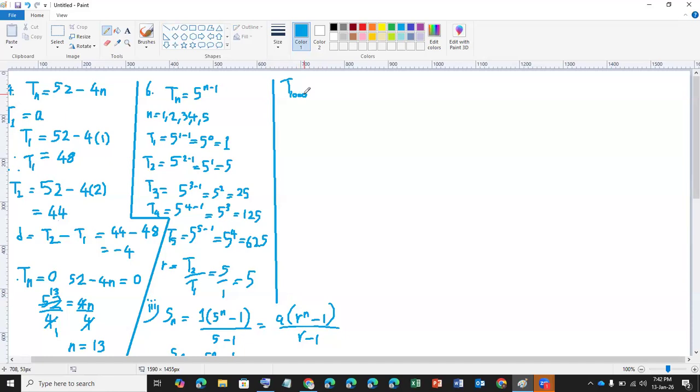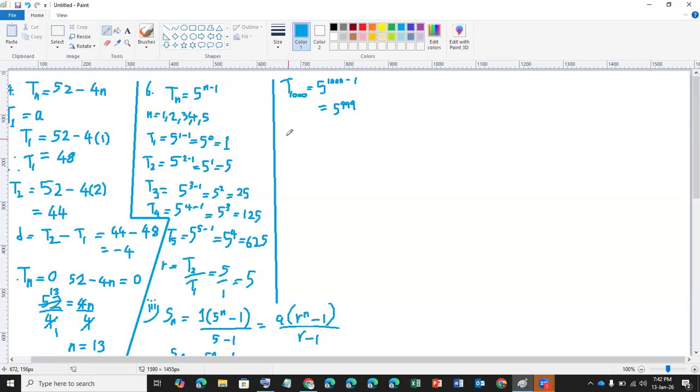And that would be equal to 5 raised to the power of what? 999. 5 raised to the power of 1000. Okay, which is the 999 scenario. Yes, so that is 5 raised to 999.